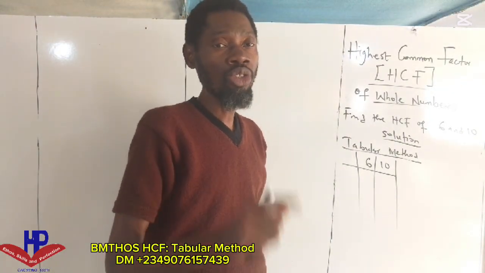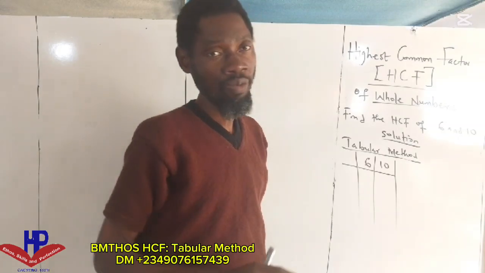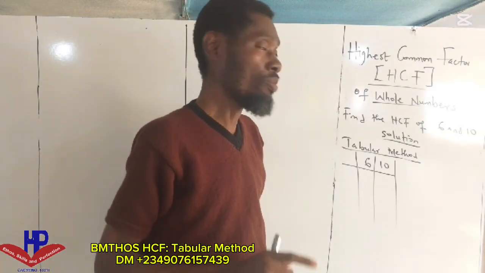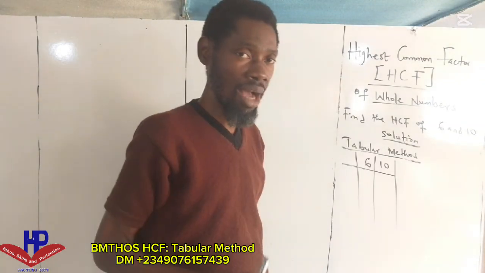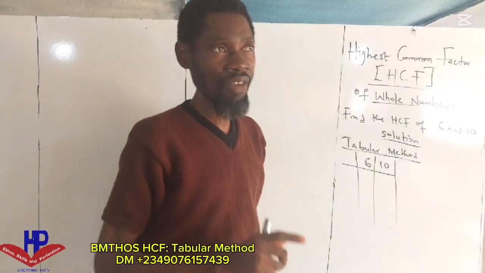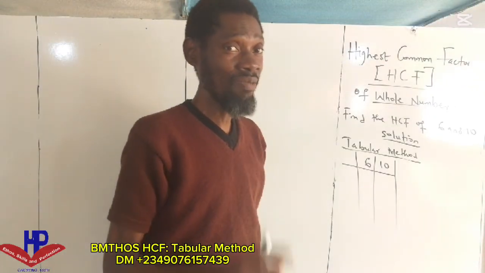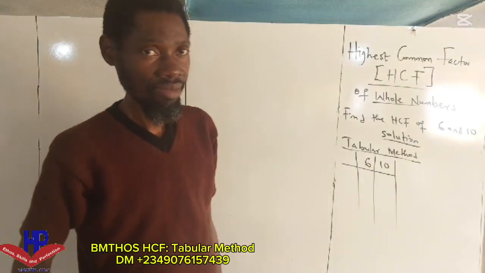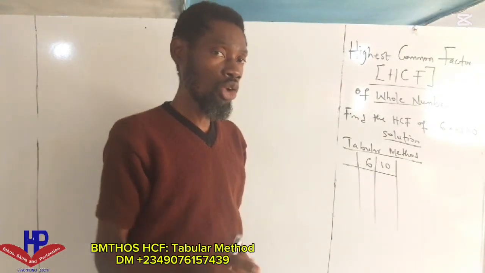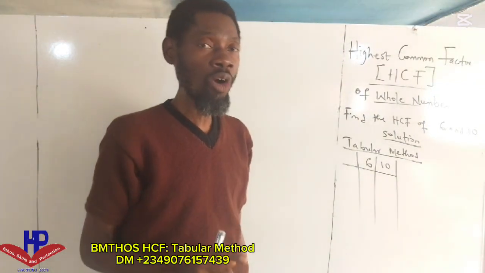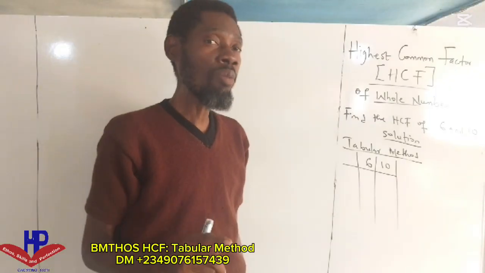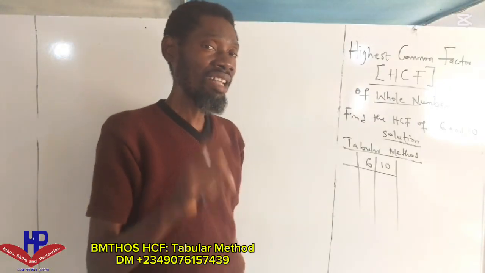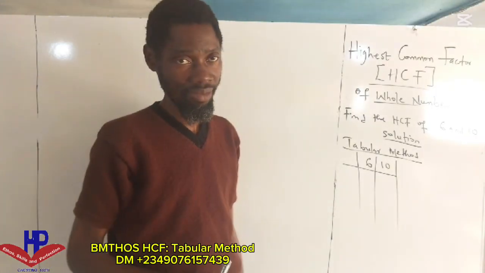Remember, you must always get a factor that can divide the two numbers or the three numbers or the four numbers given to you at the same time. Please mark those words. The factor you should be using should be a factor that will divide the numbers you are dealing with at the same time.